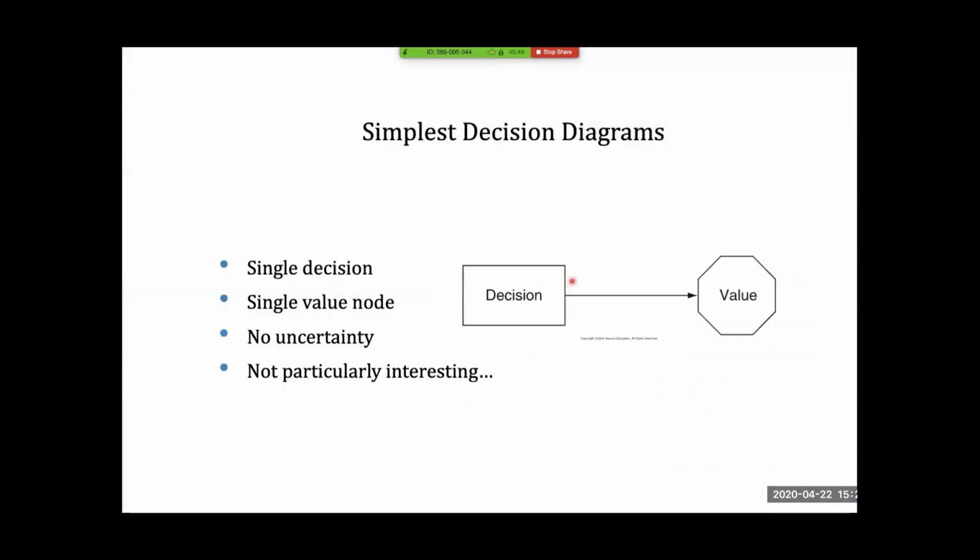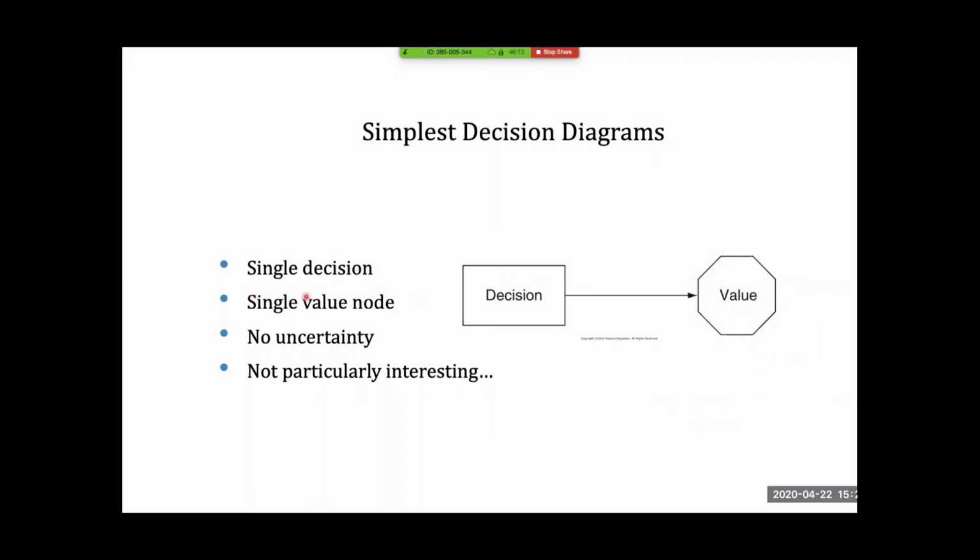This is the simplest decision diagram that you would be looking at. There is just one decision in it, and only one value in it. Over here, this actually should be double-lined rather than single-lined.